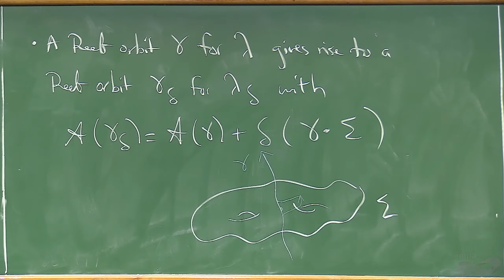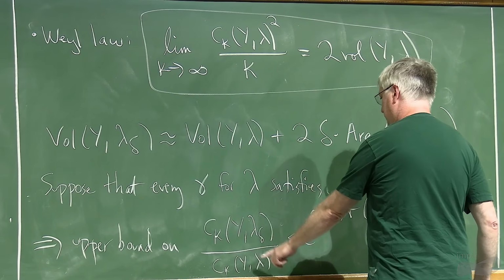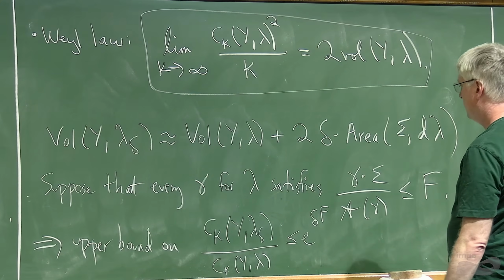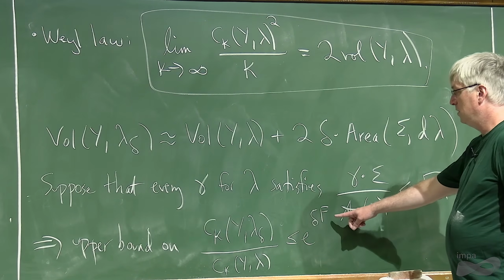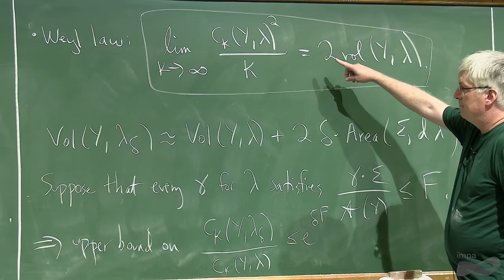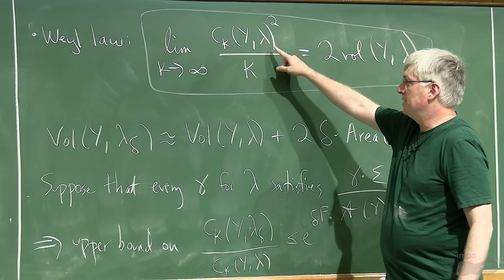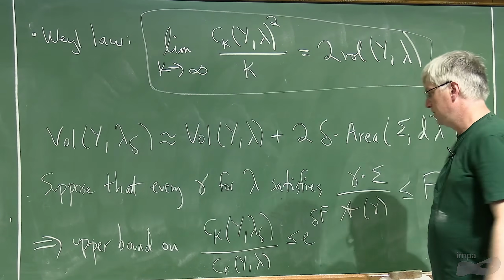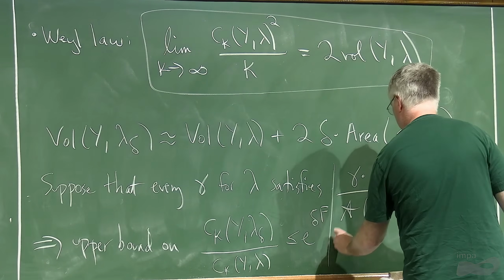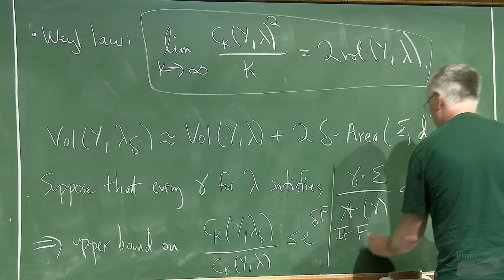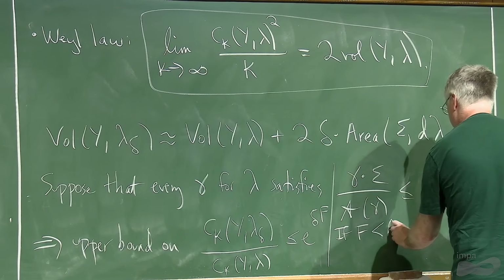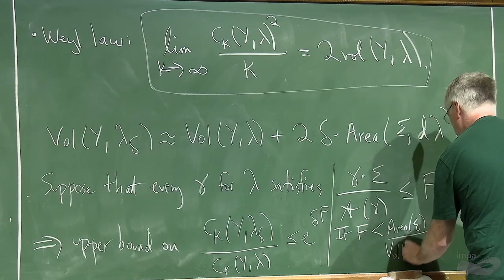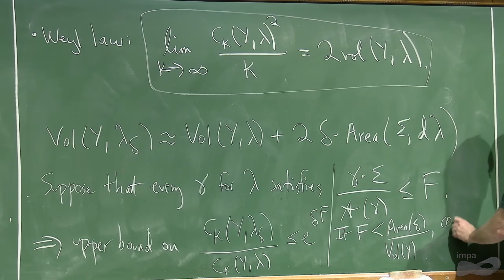You get some upper bound on how much the spectral invariants are increasing, and then you do a little calculation, and you find that if f is too small, then the spectral invariants of lambda delta are not going to grow fast enough. You're going to get a contradiction to the Weyl law. So if f is less than the area of sigma divided by the volume of Y, you get a contradiction to the Weyl law.